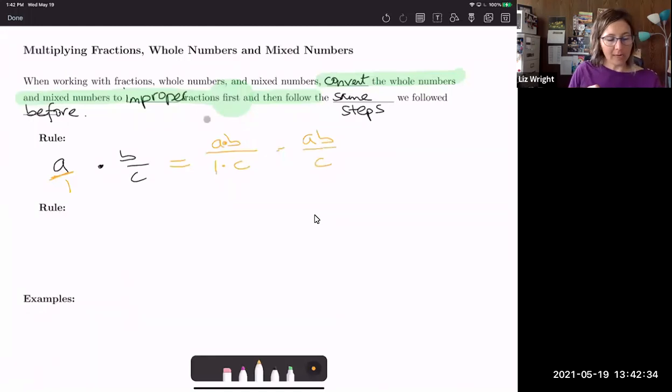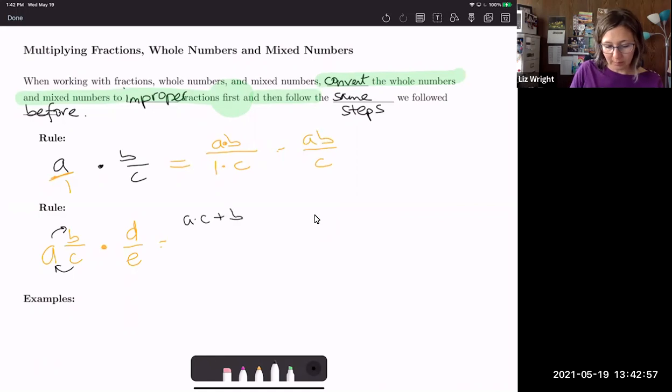And then our next one is if we have a mixed number of A, and then B over C, and then we're going to multiply it by D over E. First, we want to convert our mixed number into an improper fraction, doing what we did on day 1, where it's going to be A times C plus B, because remember this was multiplication, this was addition.